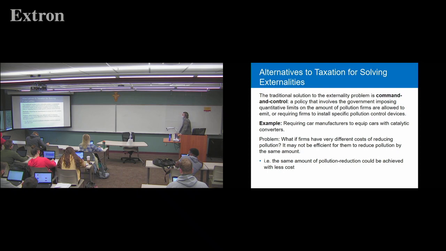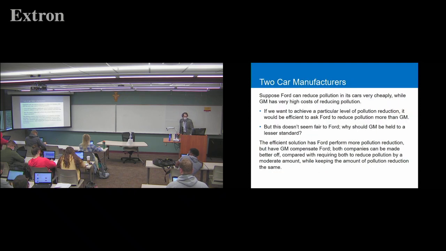So it may not be efficient for all of them to reduce pollution by the same amount, because some are operating as clean as possible and some are polluting quite a bit. Because of that, you're going to end up with a lot of waste if you make them all reduce by the same amount. We can do this with less cost.